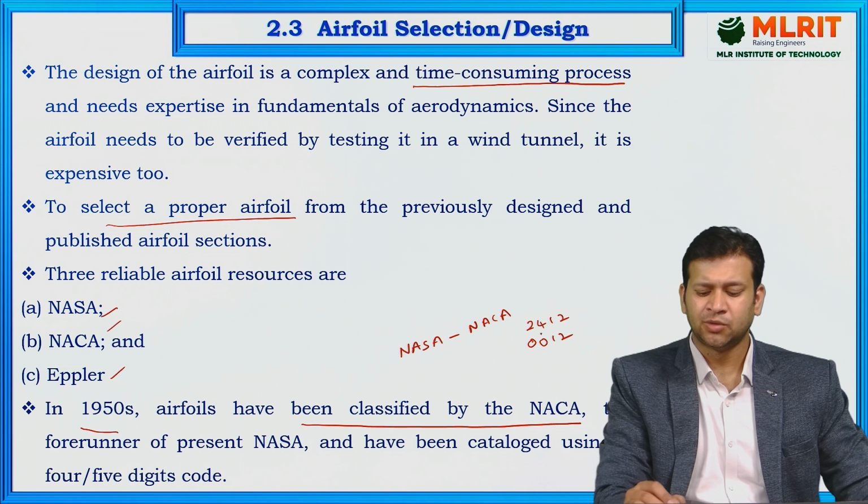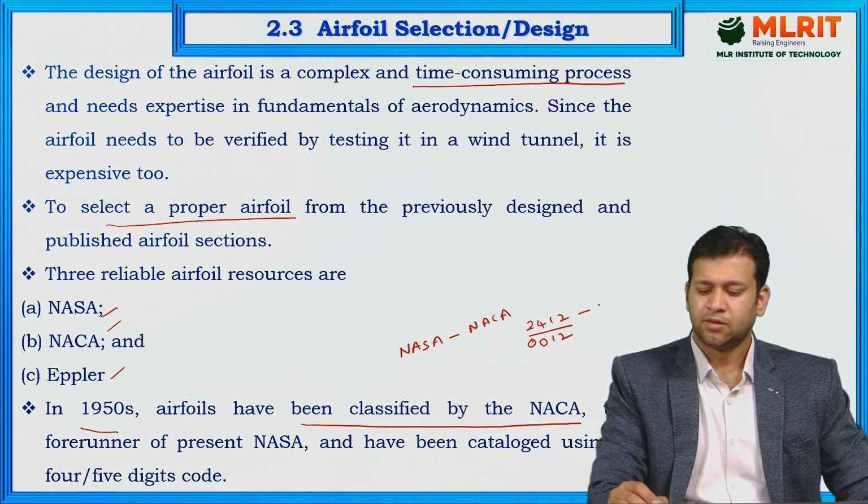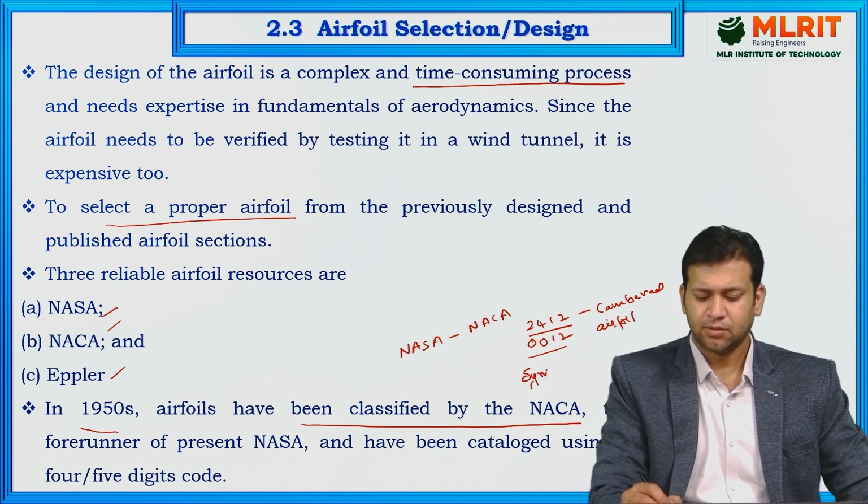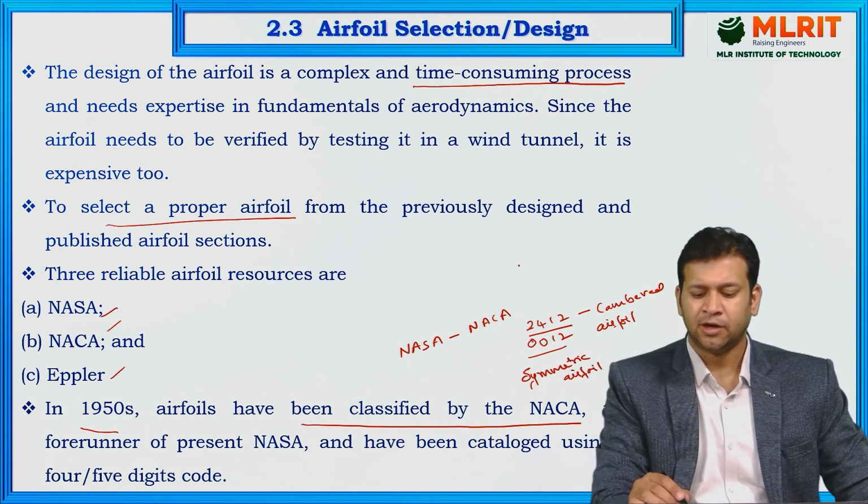This 2412 refers to a cambered airfoil, whereas this 0012 refers to a symmetric airfoil. A symmetric airfoil has two equal halves from leading edge to trailing edge.